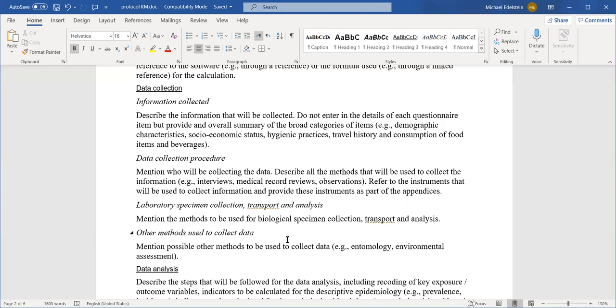So you should only collect the data that you need. If you're doing a study on surgical outcomes, you don't need to collect information on sexual orientation. You shouldn't have information that is not relevant to your study, because that is an ethical issue.